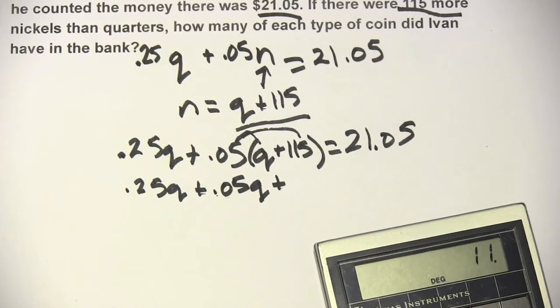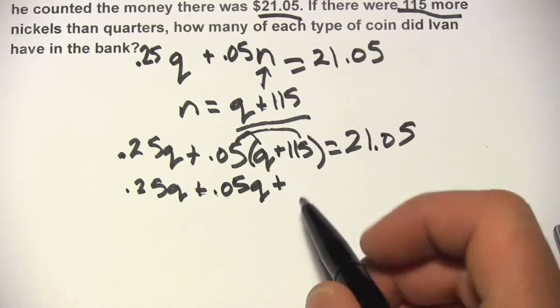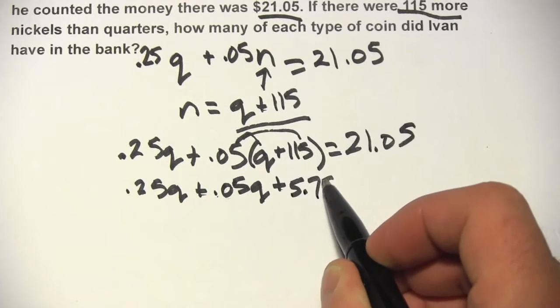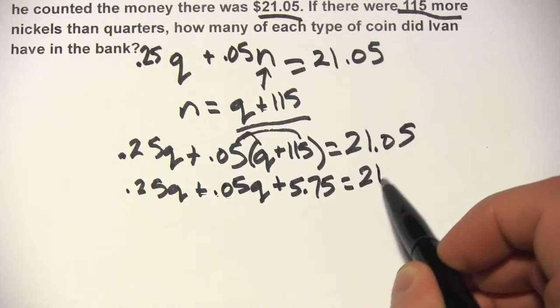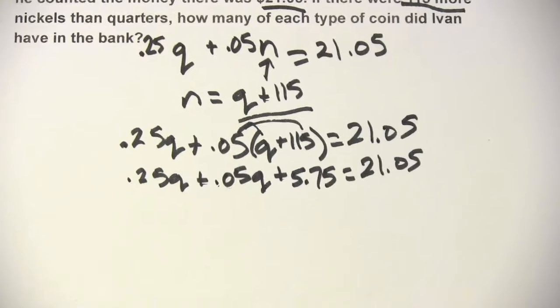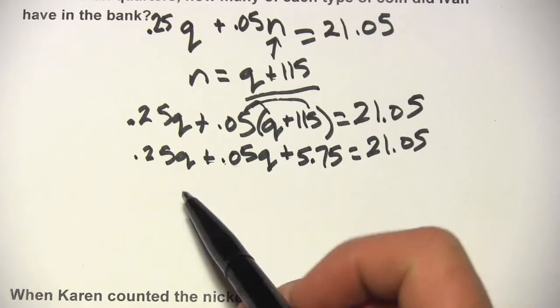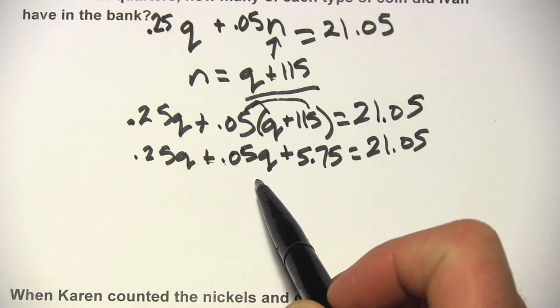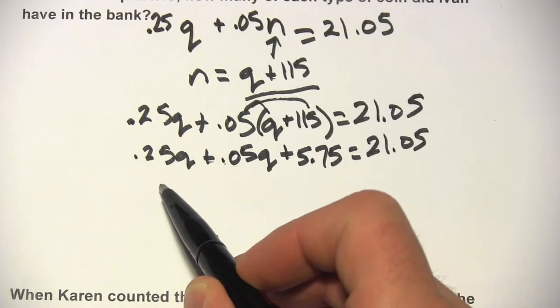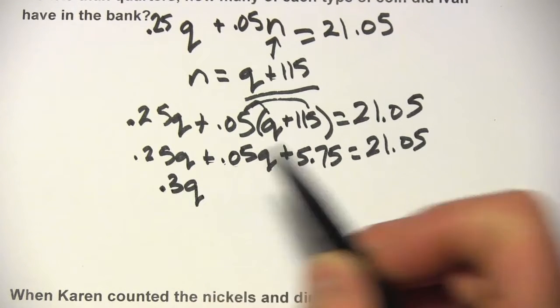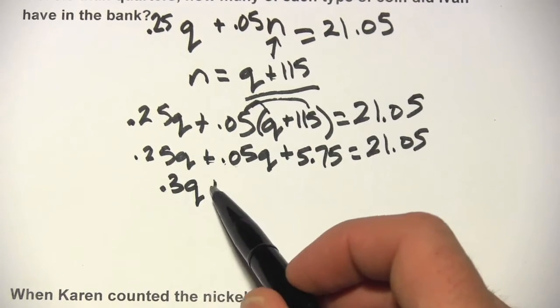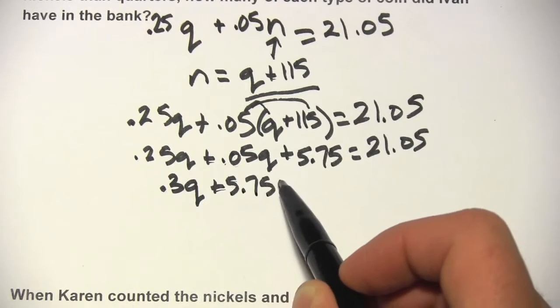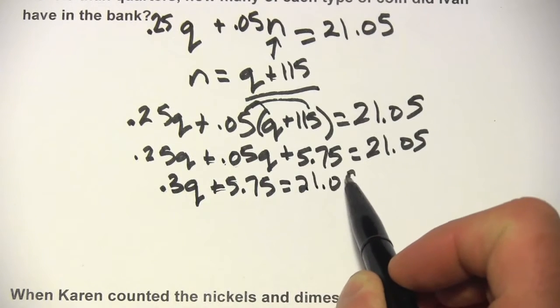I think I'll bring out my calculator, and that's 5.75, and that equals 21.05. Now we need to combine our like terms. We've got 0.25q and 0.05q. That adds up to 0.3q, and then we've got plus 5.75 equals 21.05.